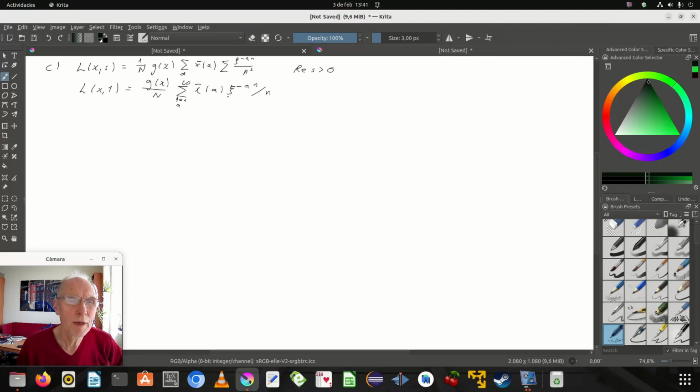On the other hand, maybe this sum can be computed explicitly. Let's try that over here.